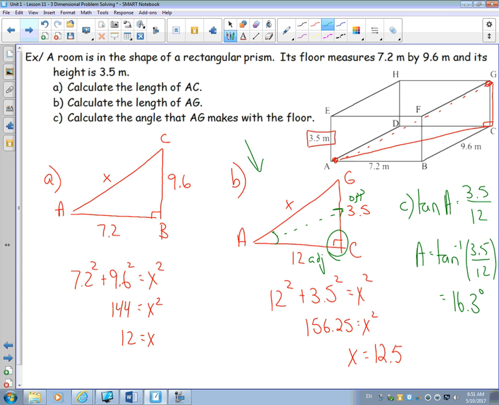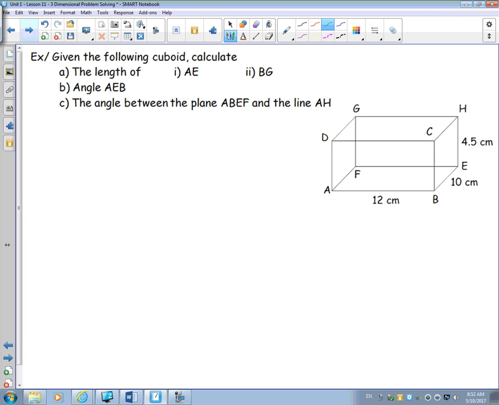Okay, and that's kind of the things we can do here. Let's try one more example, these rectangular things. So given the following cuboid, a cuboid is just a fancy word for rectangular prism. Find the length of AG, BG, and then we'll find some angles. So AE. AE, there's a triangle, it's right angled.